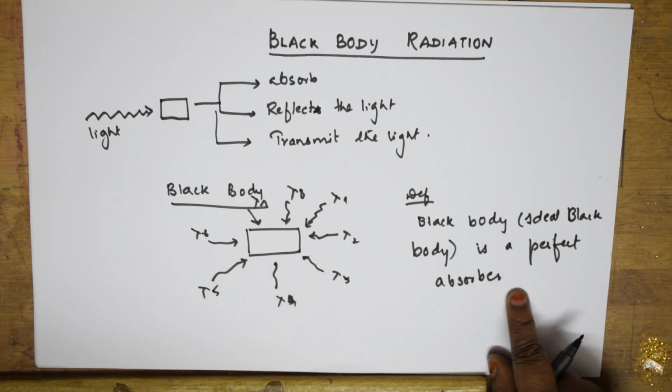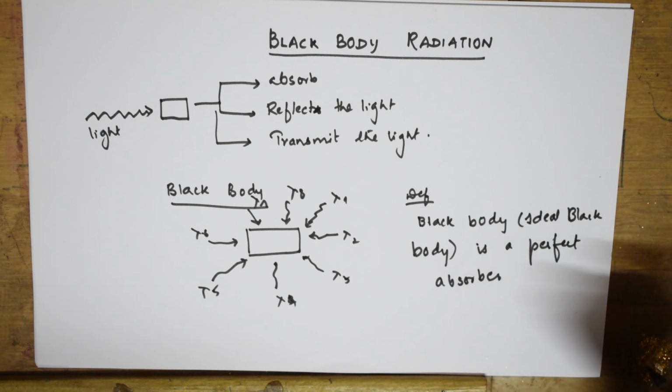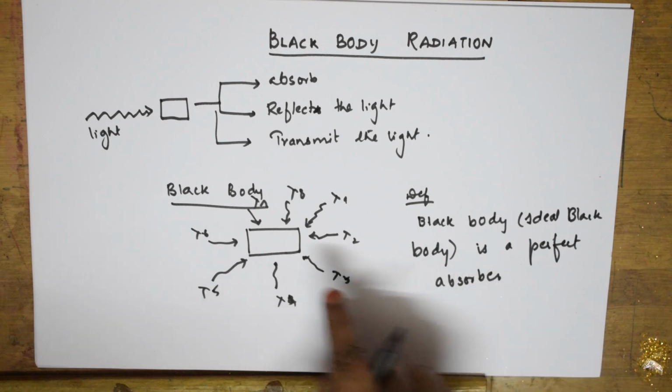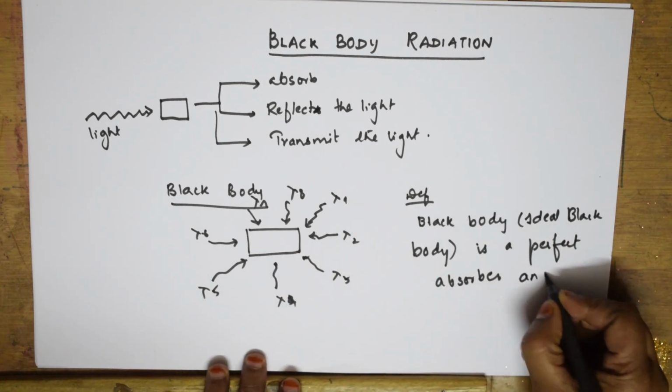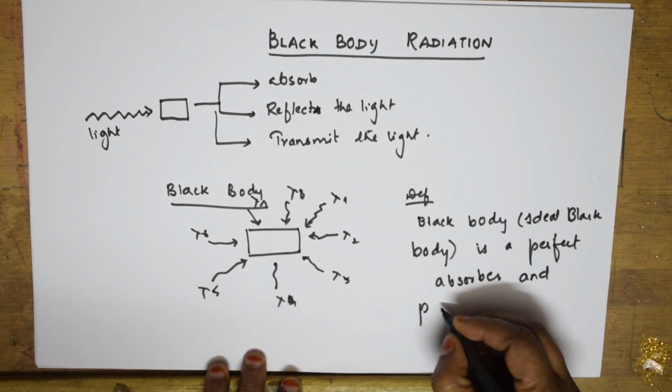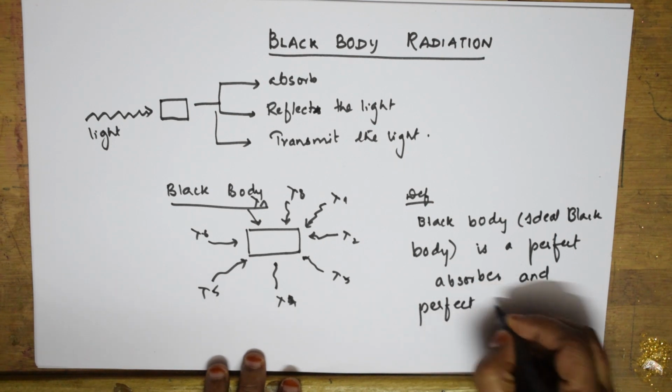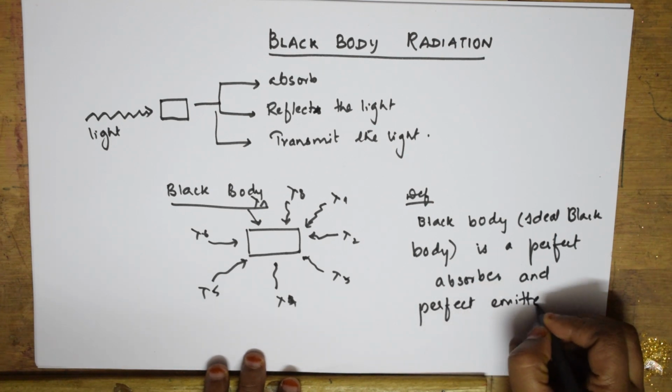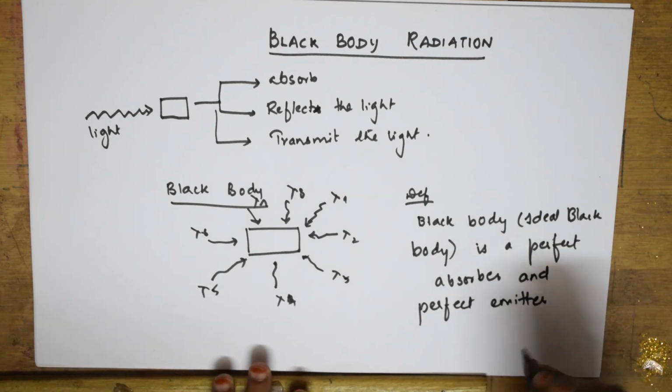And the radiation which is emitted by such a black body, it is a perfect emitter of radiation also. So perfect absorber is the first point, and perfect emitter. This is called a black body.